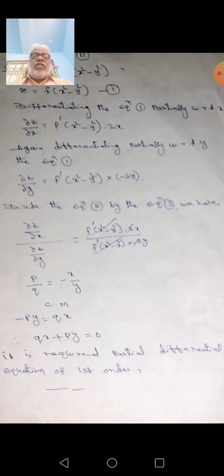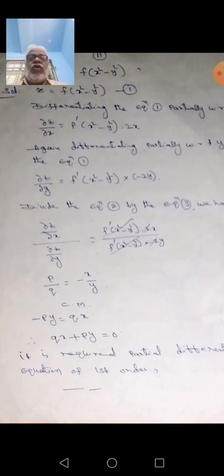What type of simplification, and from that simplification what we get, that is the important one. In the second equation, dou z by dou y is f dash of x square minus y square into minus 2y, and dou z by dou x is also f dash of x square minus y square into 2x. Both have the same f dash, so how do we cancel them?